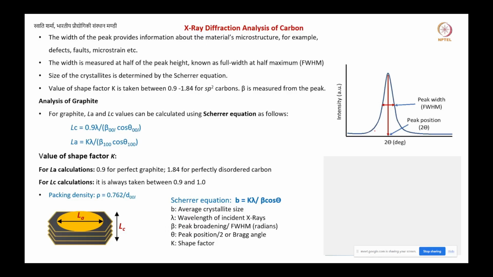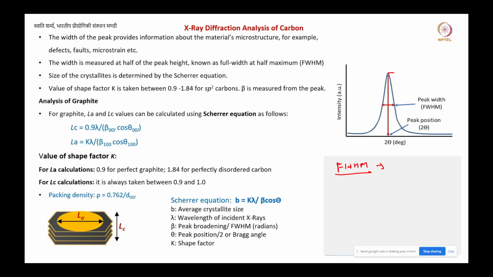Regarding the width of the peak, there are two terms. Do you know the full width half maximum? What is full width half maximum? It is very important. FWHM. Suppose this is your peak and this is the top.